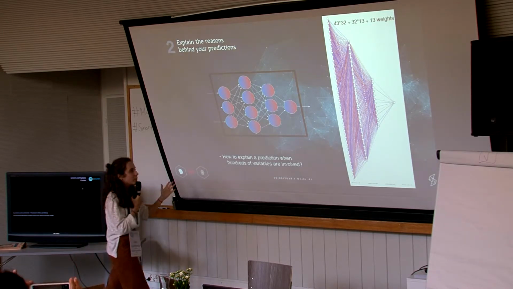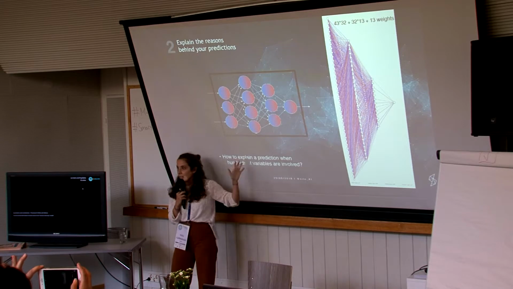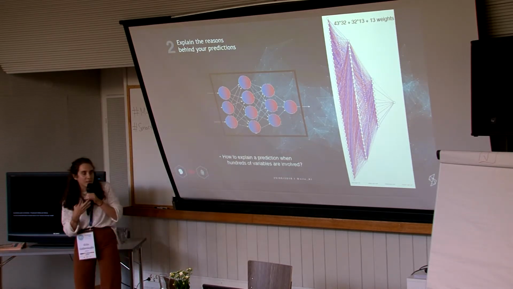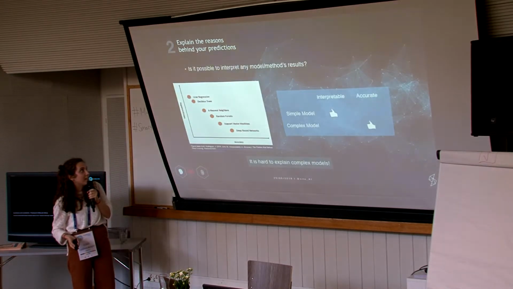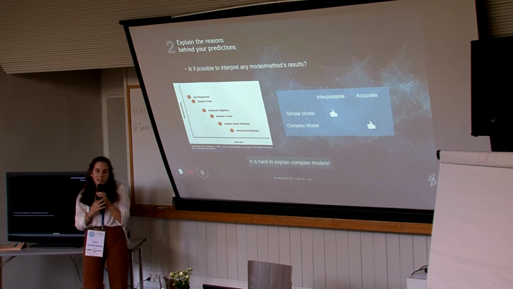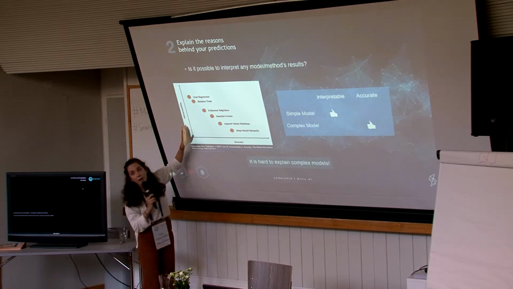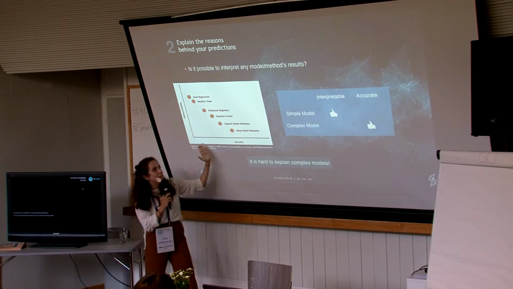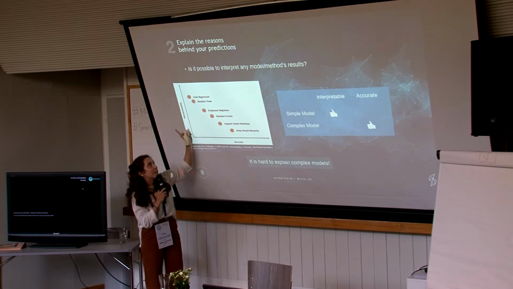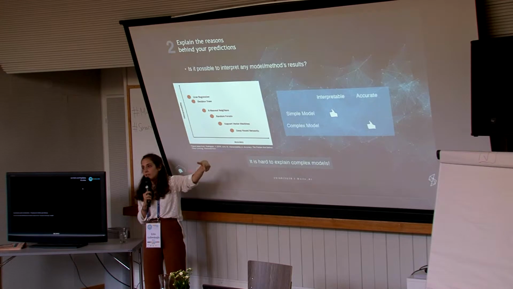So how can we explain predictions when hundreds of values are involved in our AI models? And is there actually any way that we can interpret AI models? When we look at this chart, here is interpretability and here is accuracy. We see that there is an inverse relationship between interpretability and accuracy.